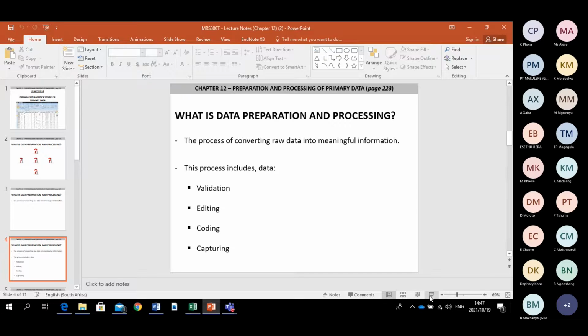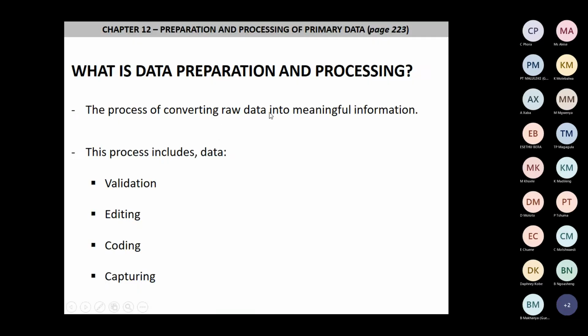So looking at this definition, the process of converting raw data into meaningful information, we are basically saying that we will be analyzing an Excel spreadsheet. And in that process, there are 4 things that we usually do. First is data validation. Second, data editing, data coding, and data capturing.